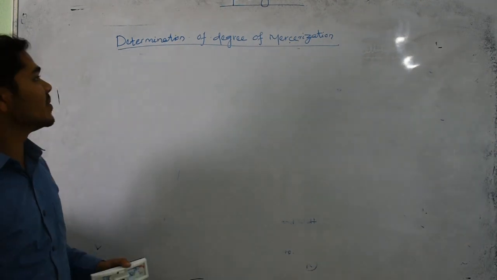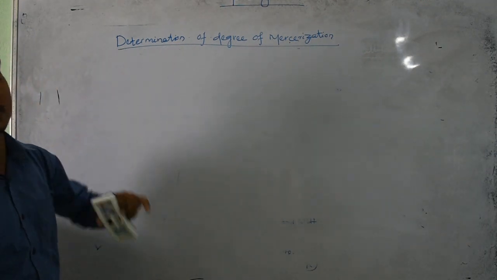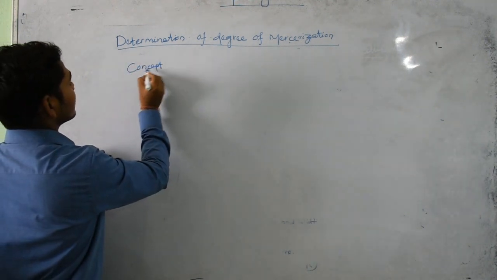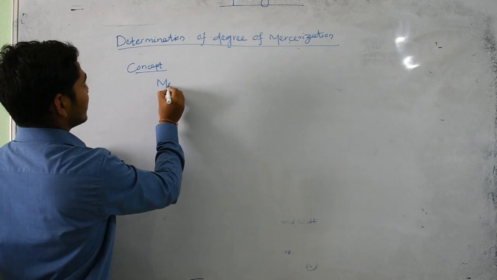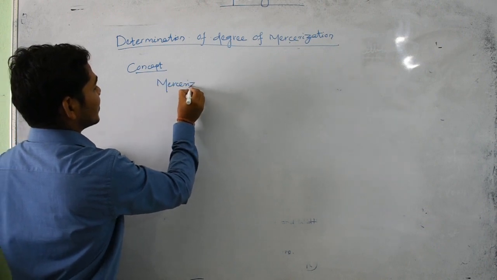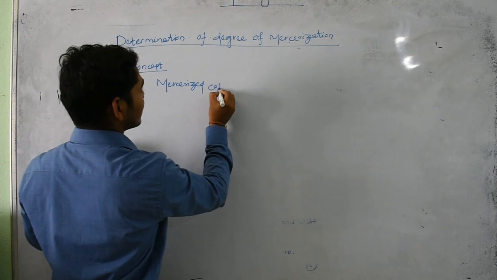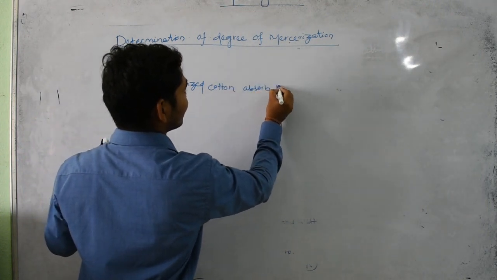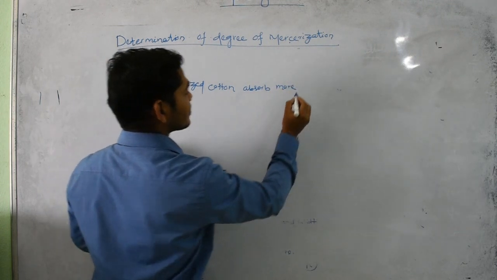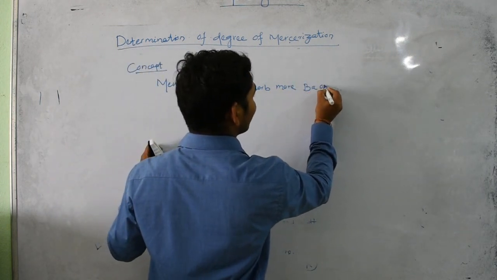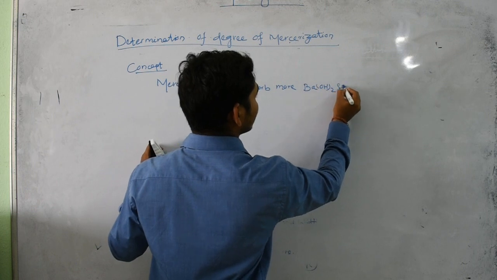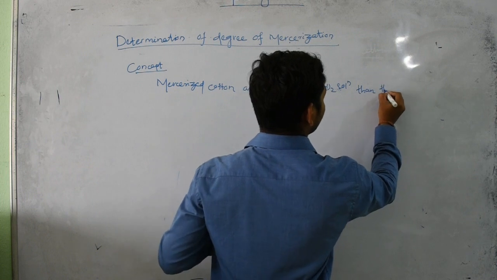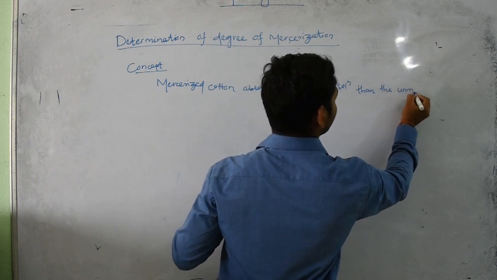Now, the basic concept involved in determining the degree of mercerization is mercerized cotton absorbs more barium hydroxide solution than the unmercerized one.